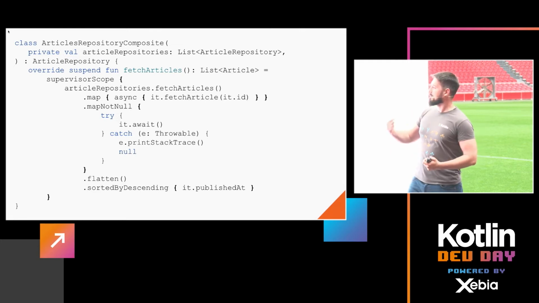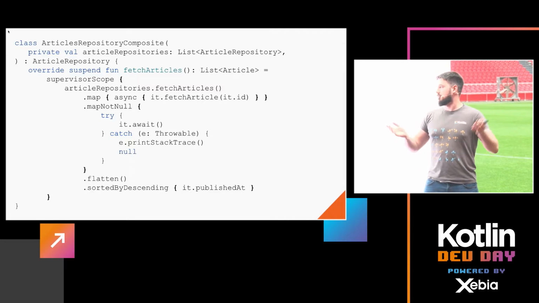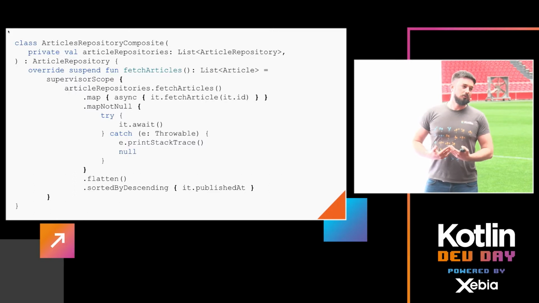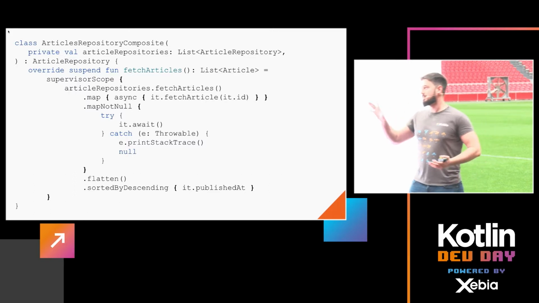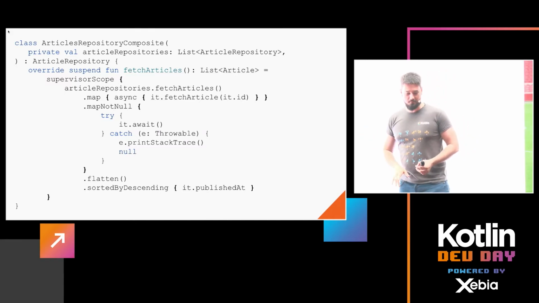But in some cases, we are using some APIs that are flaky, and we want to ignore those exceptions. Of course, the easiest solution is to wrap it in this function and silence the exception over there.